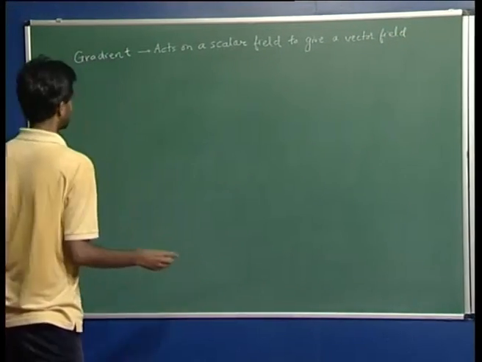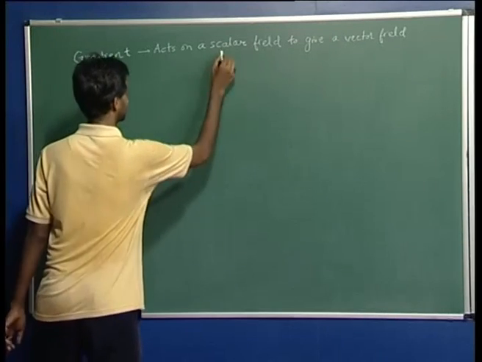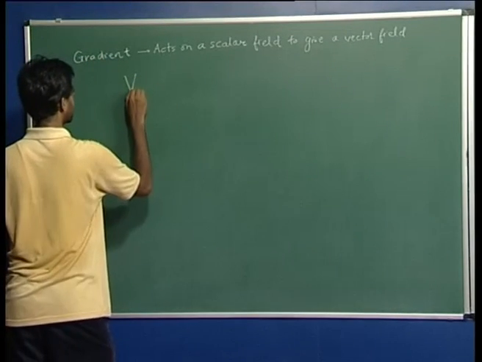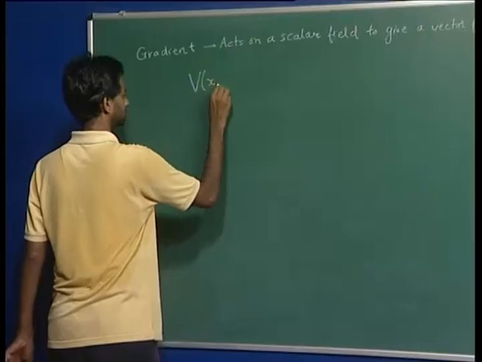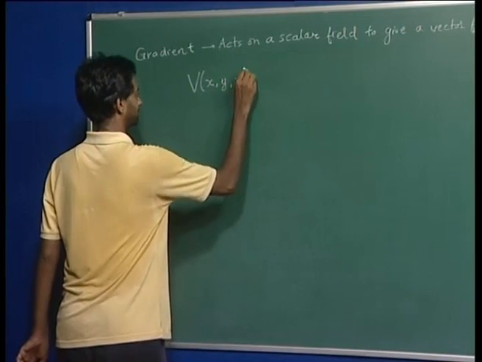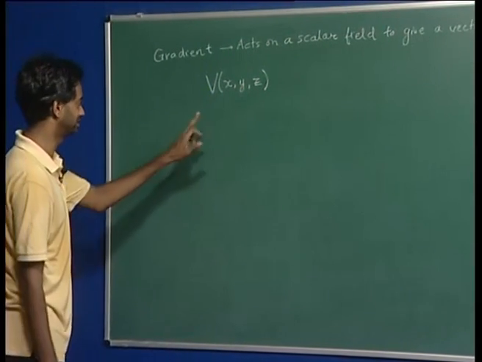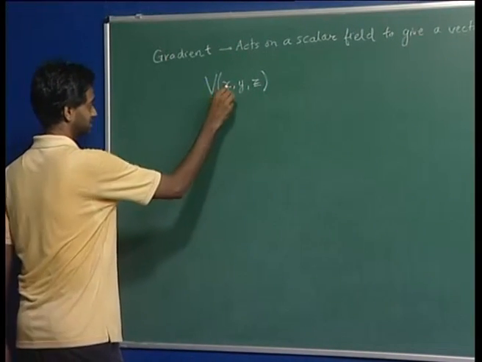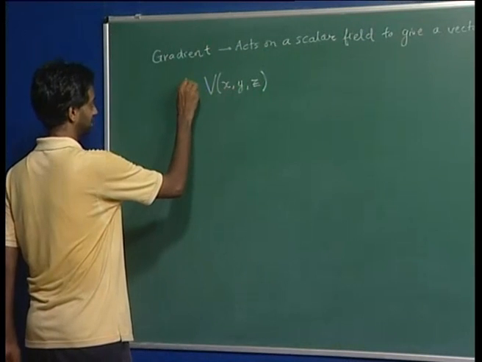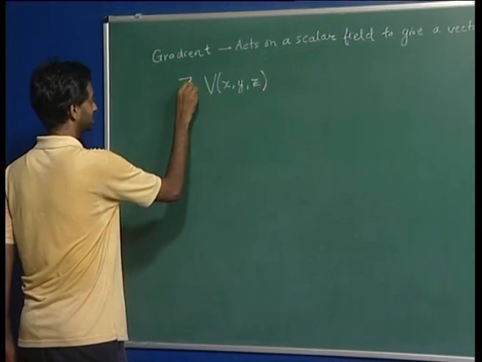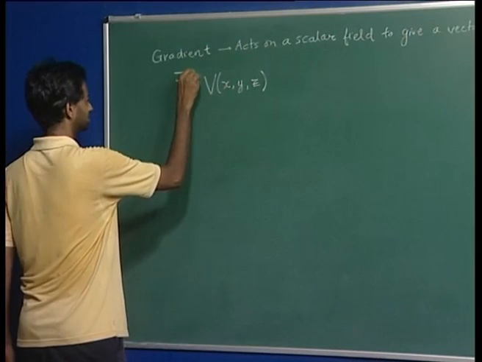Okay. So, suppose you have a scalar field called V. A scalar field can be thought of as a multiple variable function, a function of many variables. And now, the gradient is denoted by this.